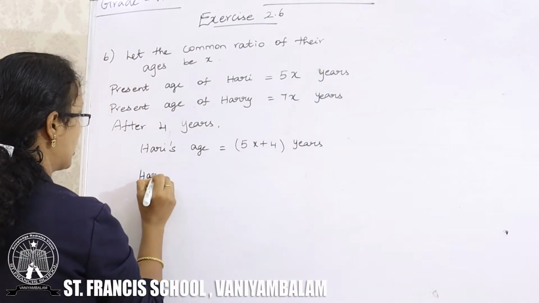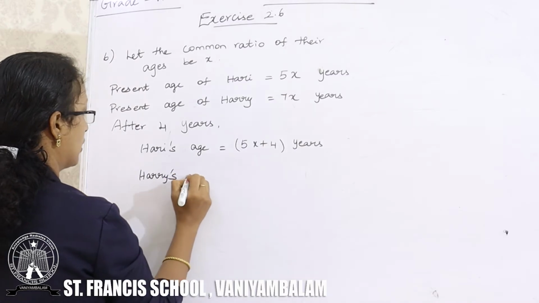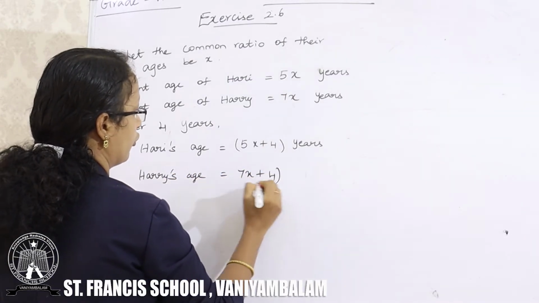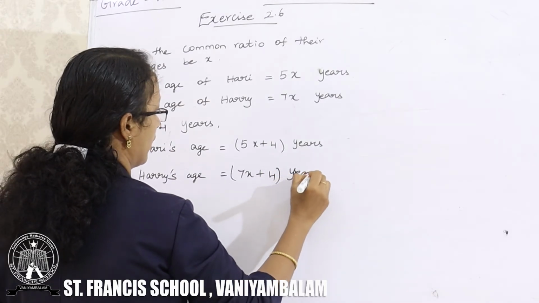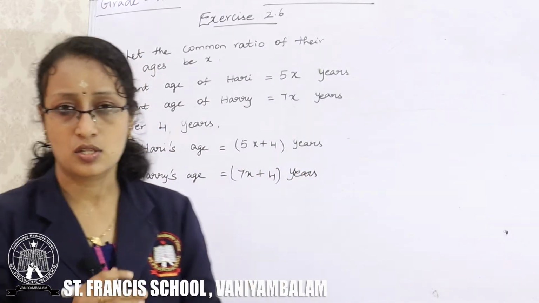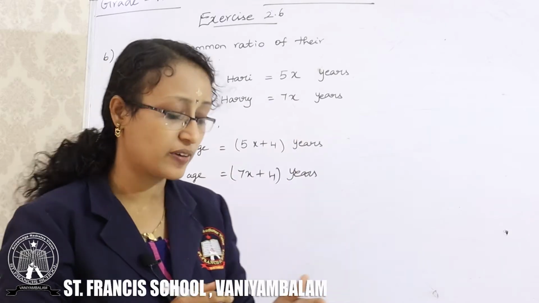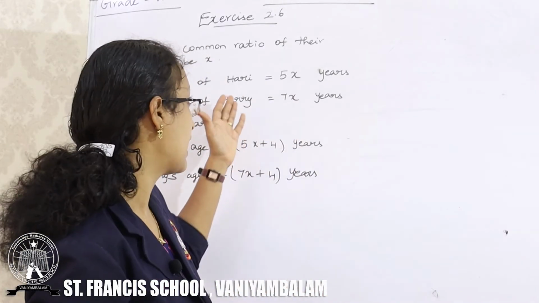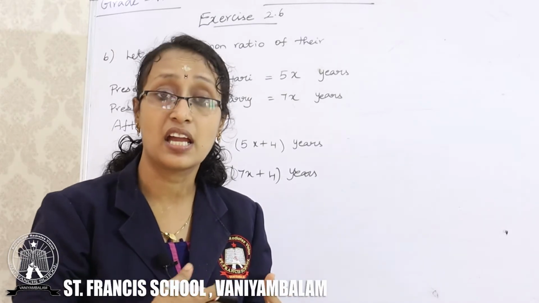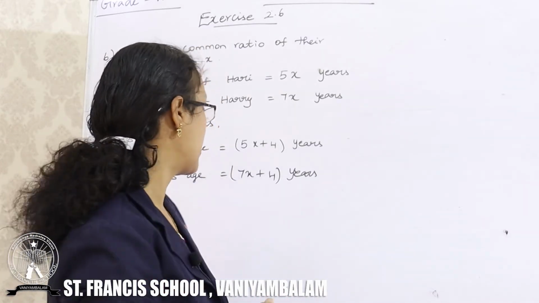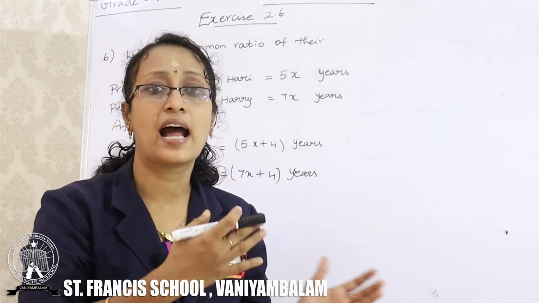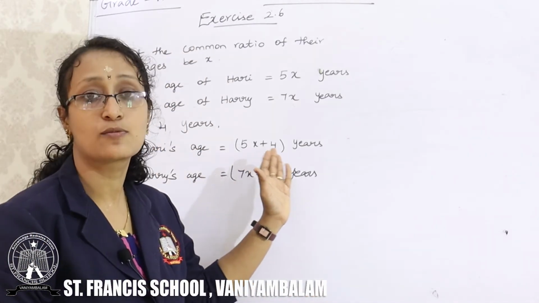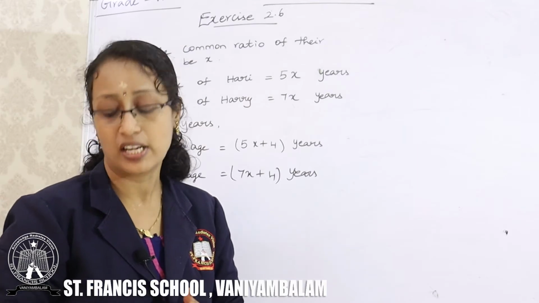Harry's age is 7x + 4 years. The present age of Hari is 5x and the present age of Harry is 7x. So after 4 years, you will add 4 to both persons. That is, Hari's age will be 5x + 4 and Harry's age will be 7x + 4.